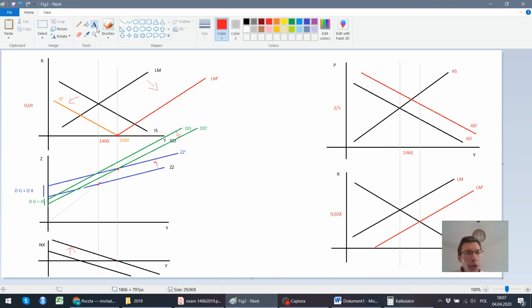And now the question is whether the new point here is the new medium run equilibrium. Is it? Well, of course not. It is the short run equilibrium, but it's not the medium run equilibrium. Why? Because the actual price level is somewhere here, while the expected price level of individuals is somewhere here.